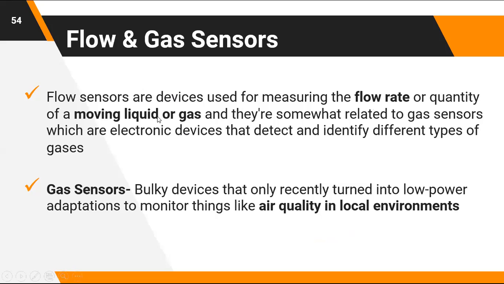If there is any trouble in this movement, the flow sensor and gas sensor will alert you. Another feature I found very interesting in the gas sensor is that using it you can even check things like air quality. So I put this keyword here.